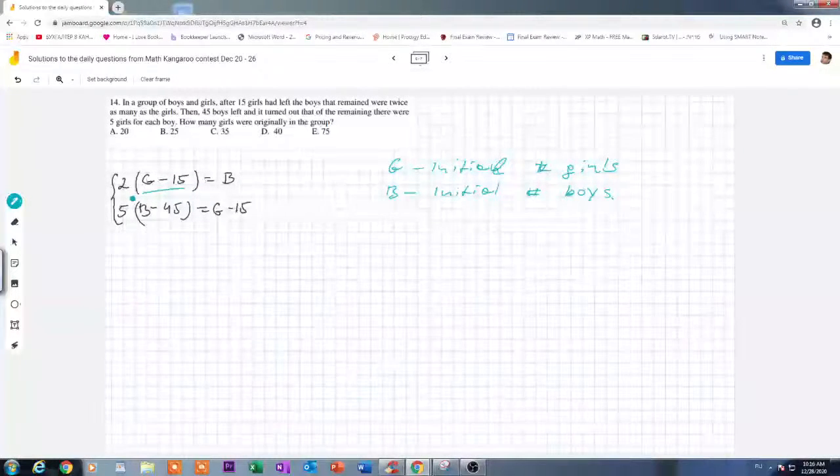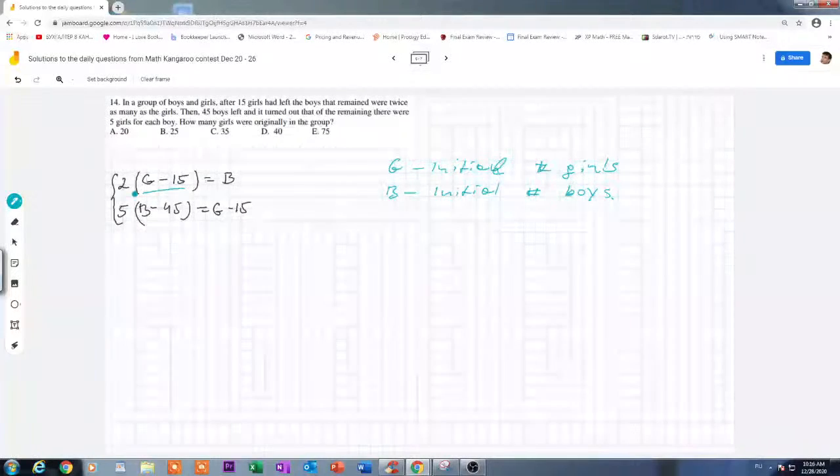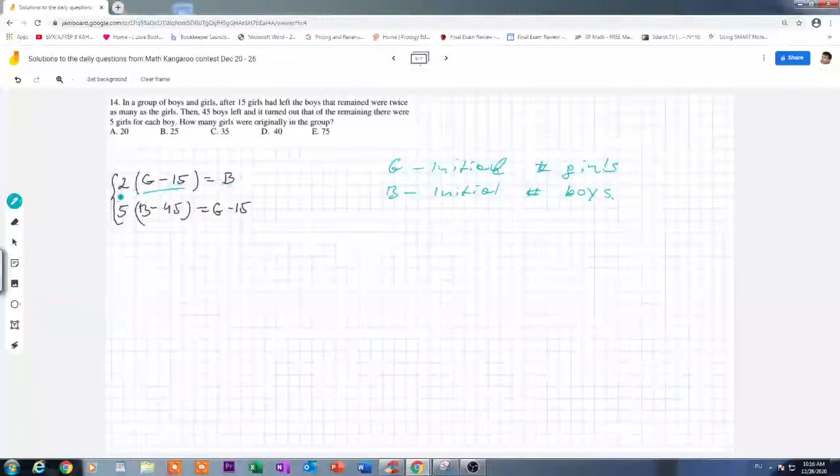After 15 girls left, the boys that remained were twice as many as the girls. Okay, so this is the first scenario.